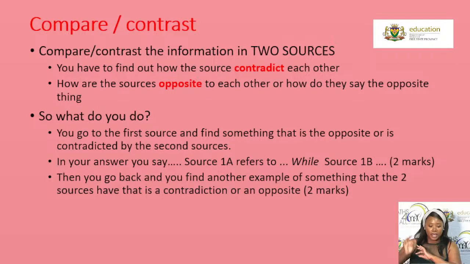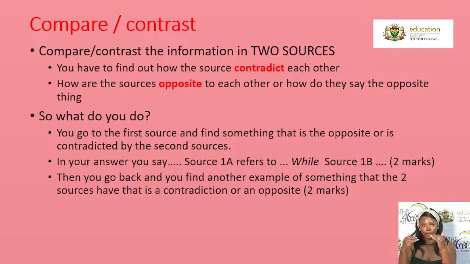And then comparing for contrast, you are taking these 2 sources and looking at how these sources are contradicting each other, or what the opposing messages of these sources are to each other. What do you do? You first go to the source and find something that is the opposite of, or is contradicted by, the second source. In your answer, you will say, source 1A refers to, while source 1B states this.